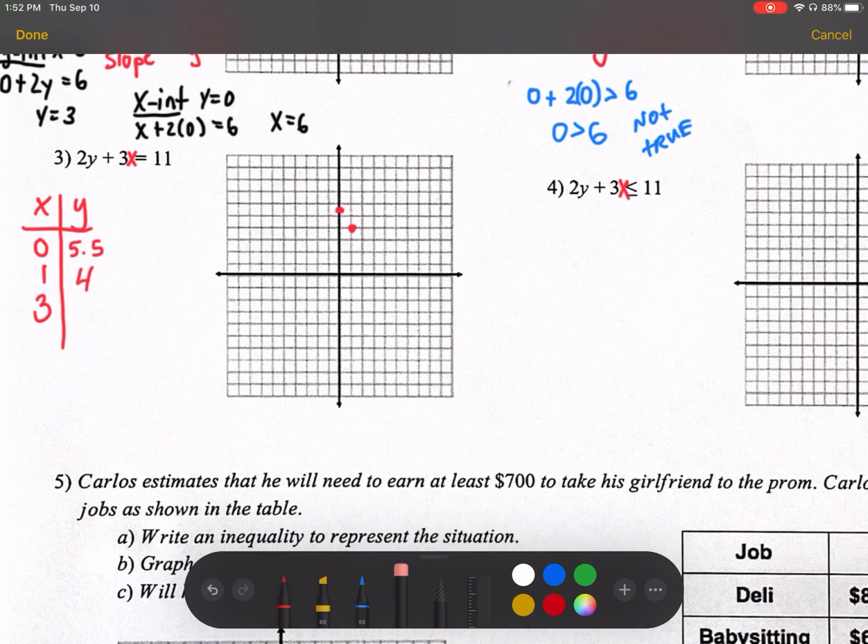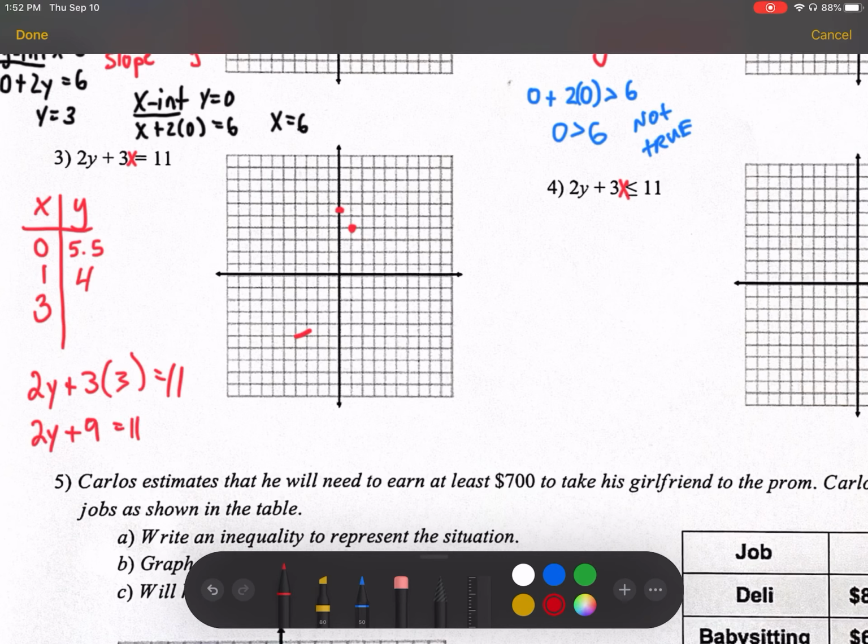I think this way is a little bit more time consuming, in my opinion, which is why this isn't my go-to way to do it, but I want y'all to be exposed to different methods. So 2y plus 9 equals 11.